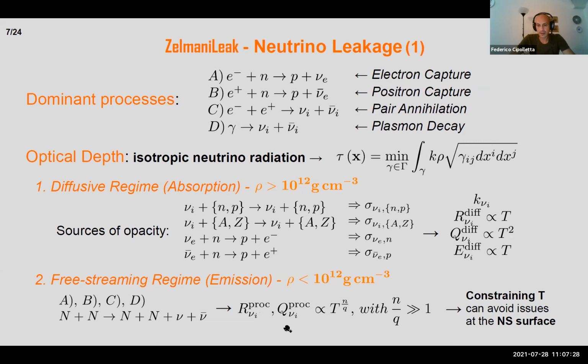Again, those quantities depend on the temperature more than linearly. And this gives you a hint that constraining the temperature can avoid issues at the neutron star surface, where you have a big jump in the temperature. Because the surface of the neutron star is surrounded by an atmosphere that is in general considered to be at zero temperature, or a temperature lower than the one at the neutron star surface.